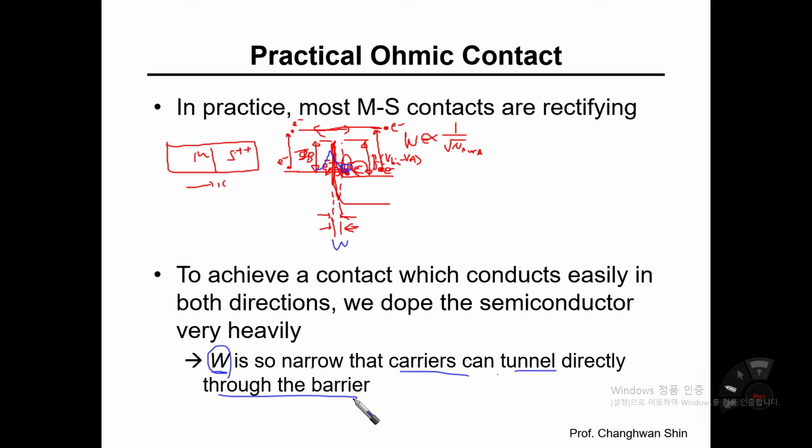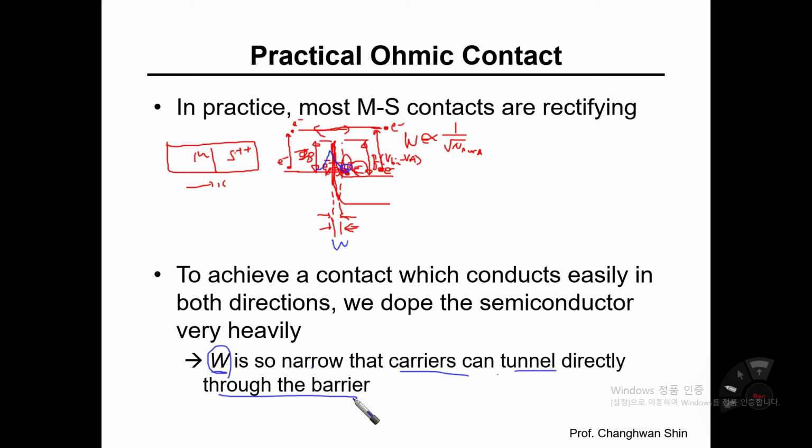As long as the depletion layer width is very narrow, the carriers don't need to be excited up to overcome the energy barrier height. Once the depletion layer width is very narrow, such as 10 nanometers or narrower, then carriers such as electrons and holes in the M and S parts can directly tunnel through the energy barrier.